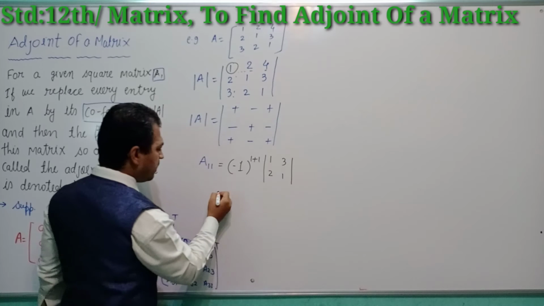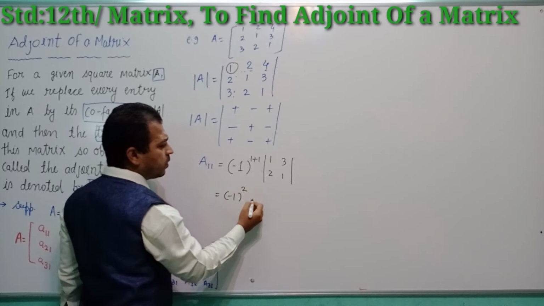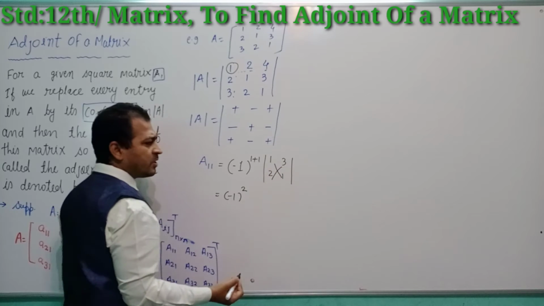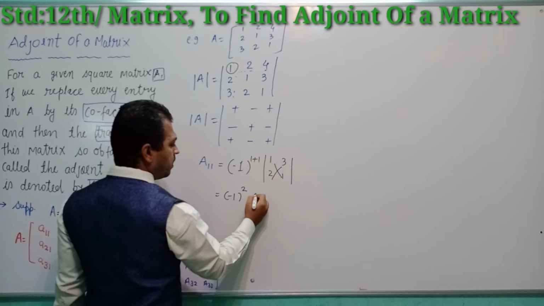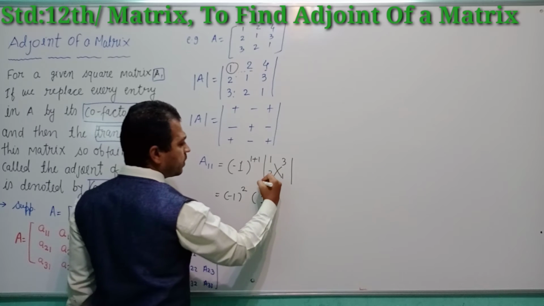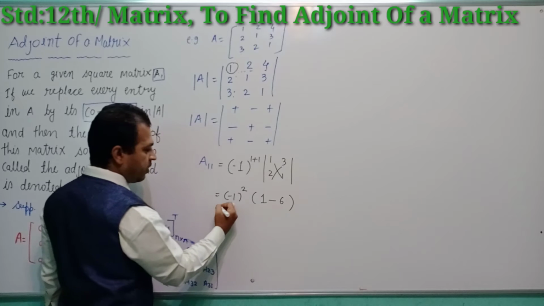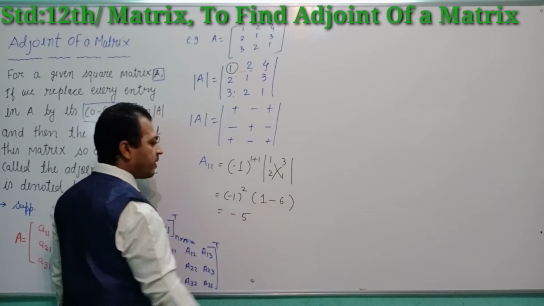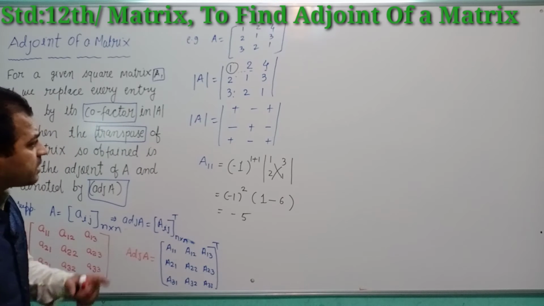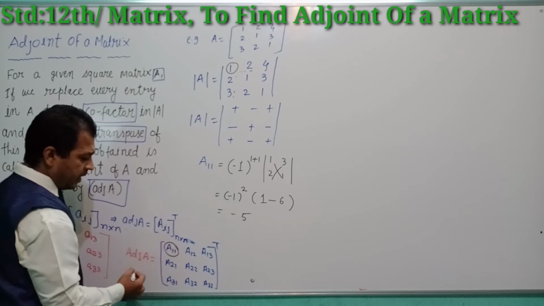So minus 1 to the power 2 times, by cross multiplication, you know Cramer's rule, 1 into 1 is 1, minus 2 into 3 is 6, so finally you are getting minus 5. Similarly, you have found A11.